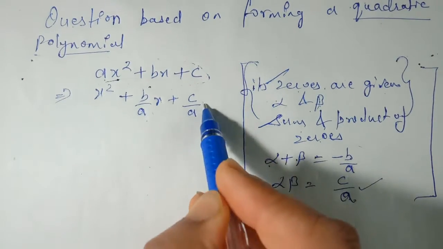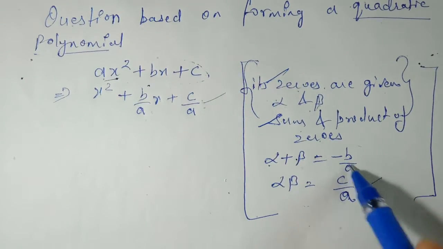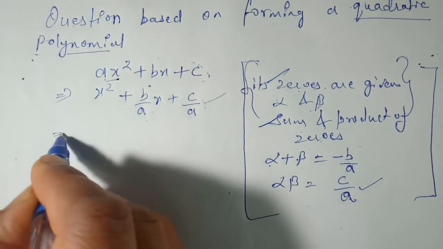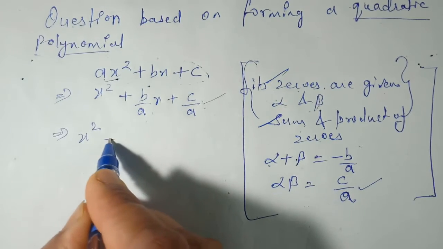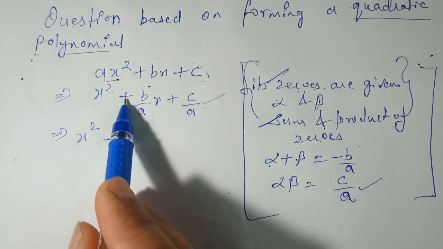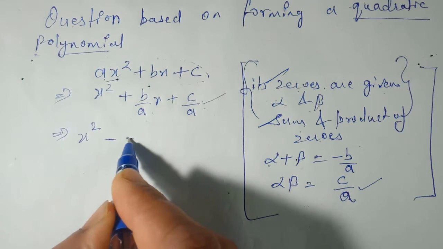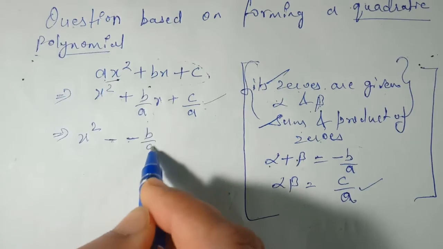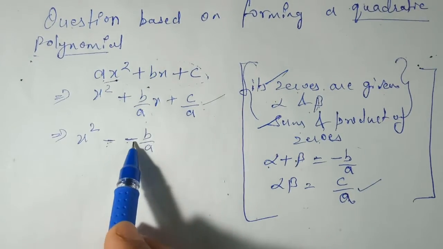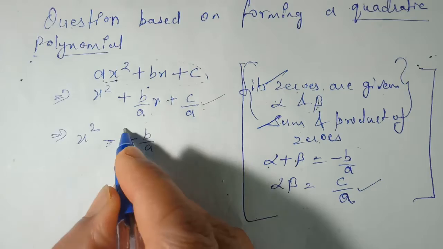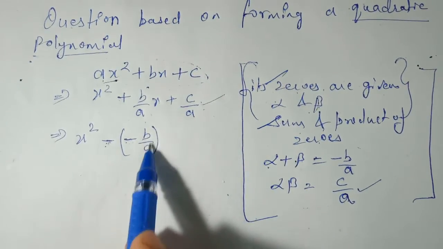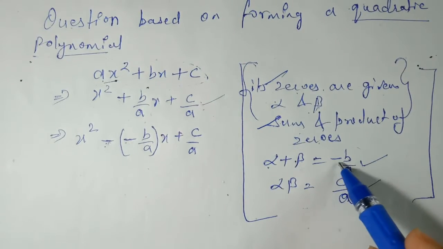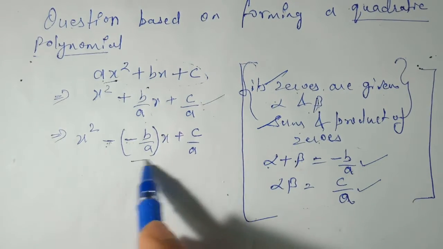Now we have c by a over here, and b by a, but the negative sign is not there, so we have to change the sign. We know that when the same signs are multiplied, they change into positive, so we can write plus as minus minus. Minus minus changes into plus. So we separate the plus sign into the combination of two minuses, let one remain with minus b by a, and write the other term as it is. Now we can observe we have minus b by a and c by a.